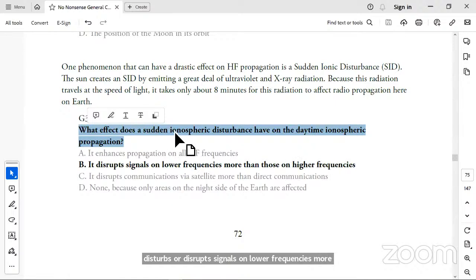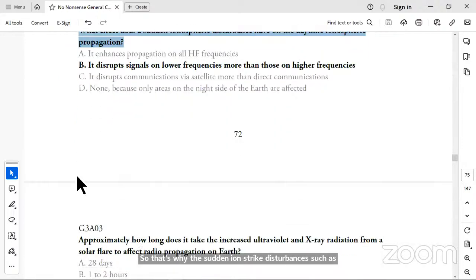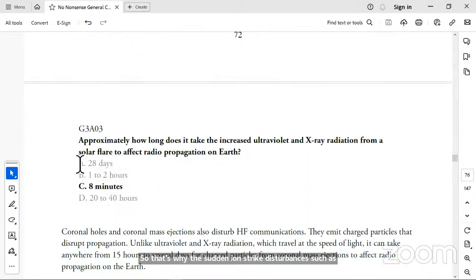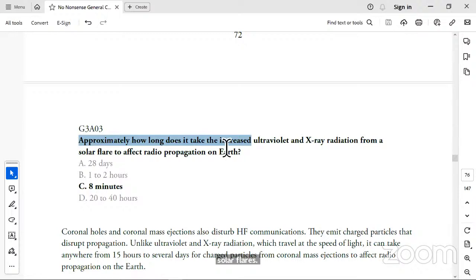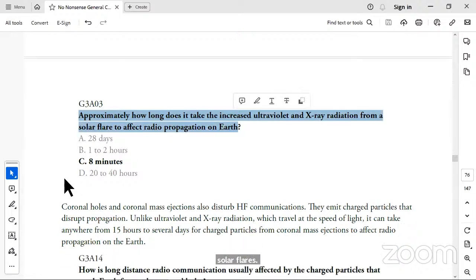That's what sudden ionospheric disturbances such as solar flares do. All right, so all frequencies are not created equal. Approximately how long does it take the increased ultraviolet and X-ray radiation from a solar flare to affect radio propagation on Earth? Remember, we said that this is traveling at the speed of light, so it gets here in 8 minutes' time.